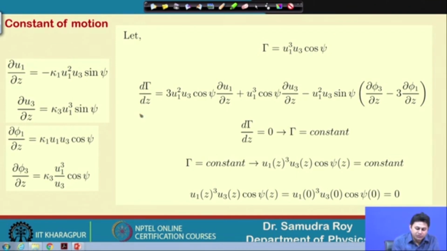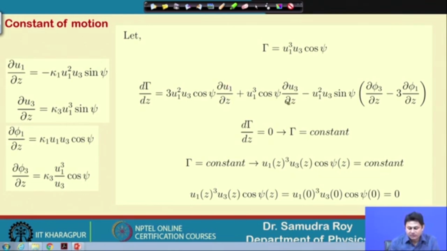So, what we will do, we will just take a derivative with respect to z on both sides. When you take a derivative with respect to z, on the right hand side you write 3 u1 square, because u1, u3 and psi are all functions of z. So, there will be 3 derivatives associated with that. First is 3 u1 square u3 cos psi and the derivative corresponding to u1.